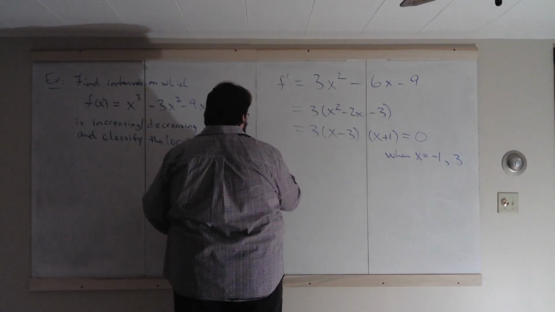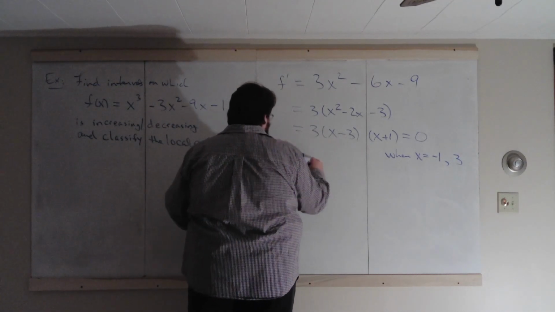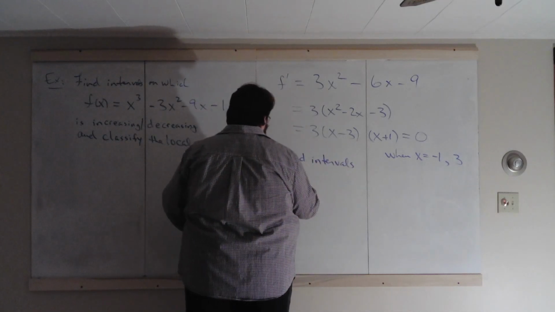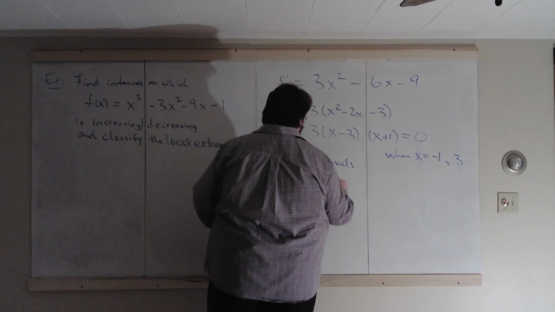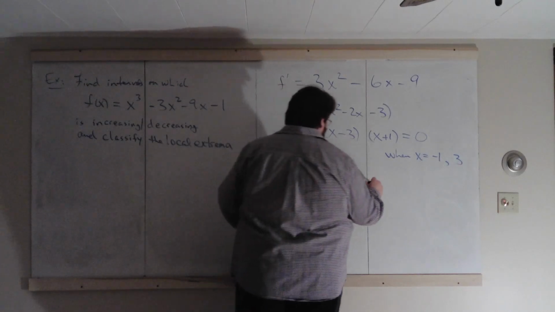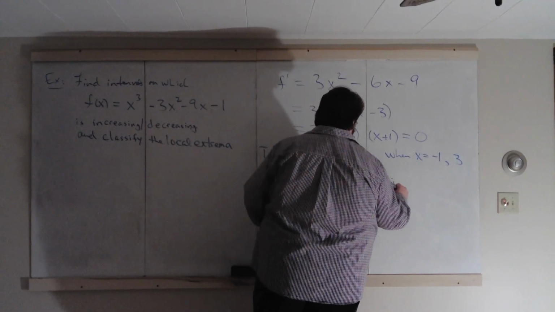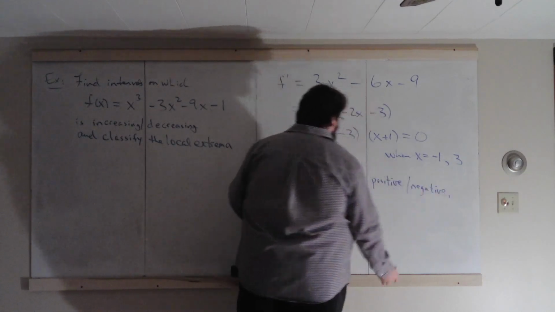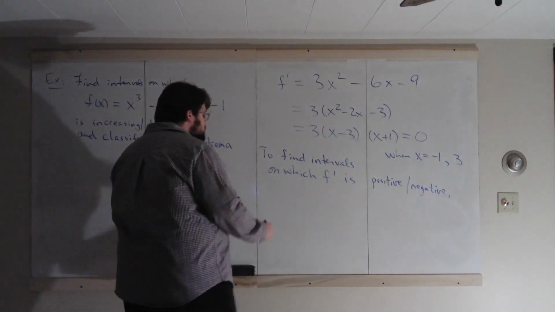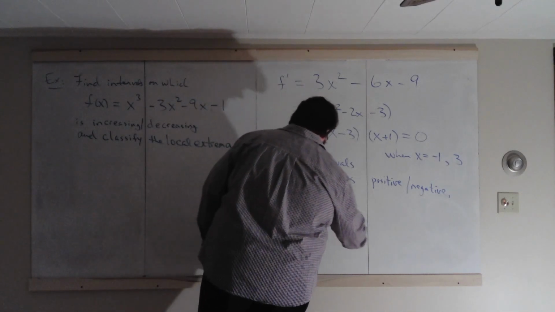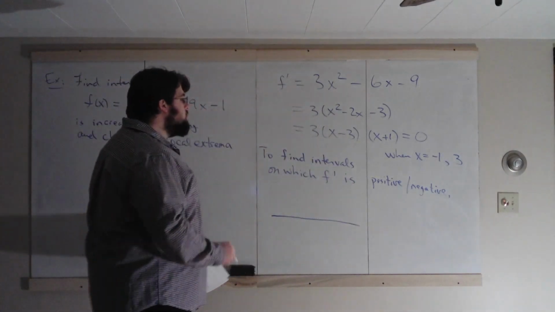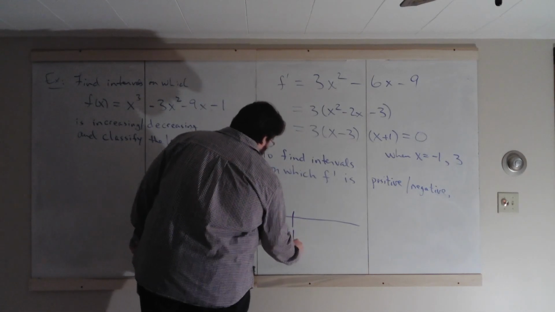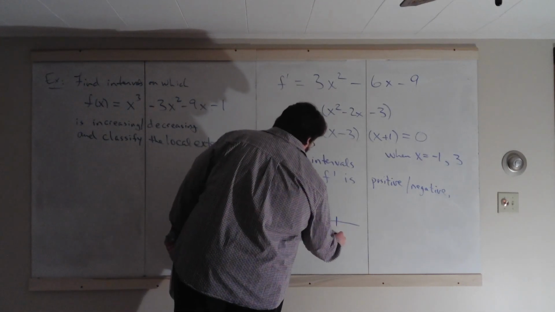So, to find intervals on which f prime is positive or negative, we will do the following. We're going to use a number line. There are a couple other ways you can do it. I like using the number line, and especially when we do graphs, I like the number line.